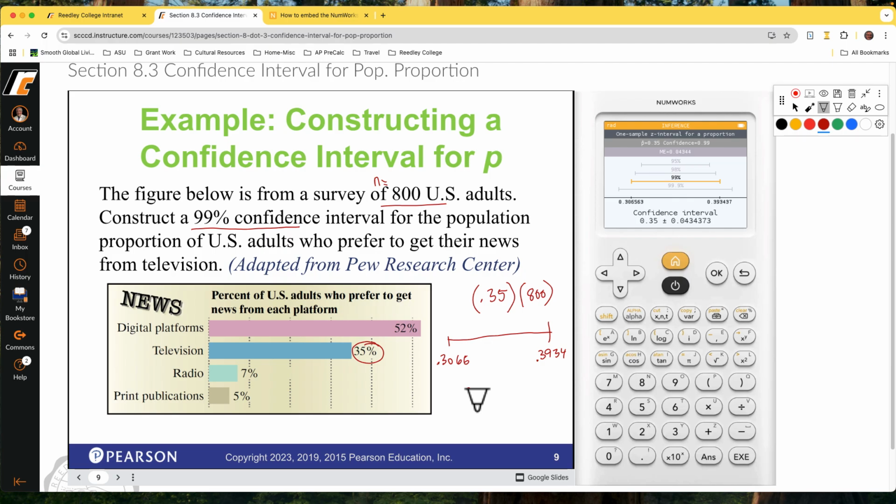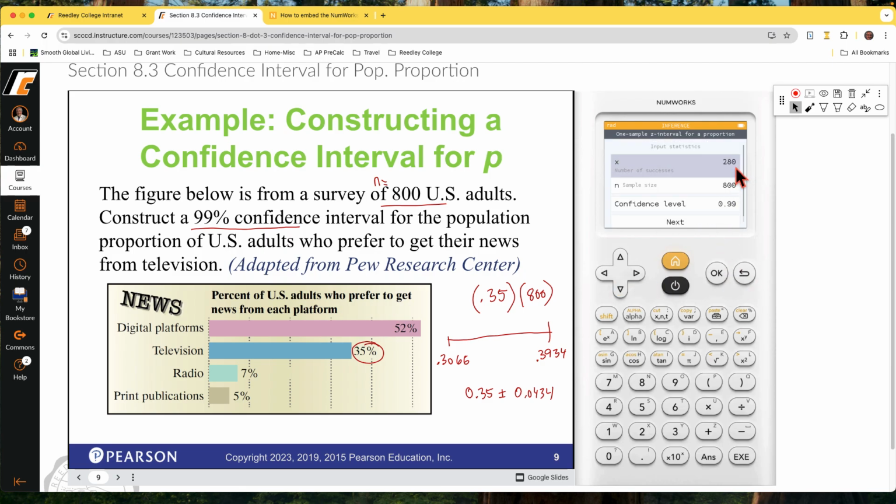Or we could list it as 0.35 plus or minus 0.0434, 4 decimal places. We've constructed our confidence interval. Okay, so that's how it works if we aren't given the number of successes, but the percentage of successes. Just plug it in on that first screen, and it will carry out the calculation. Again, I just put in 0.35, 35% times 800, and it will calculate it and put it right there for me. Kind of nice.